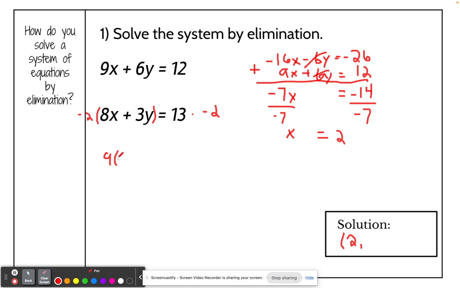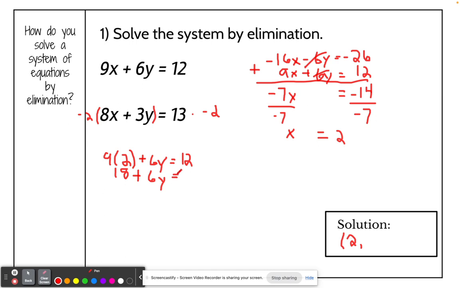So 9 times 2 plus 6 times y equals 12. 9 times 2 is 18 plus 6y equals 12.